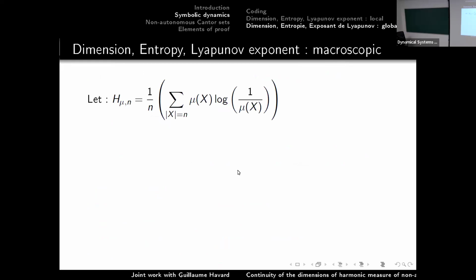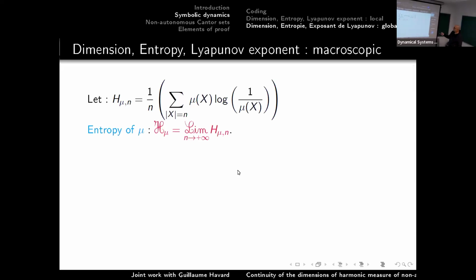Now starts the part that will interest us today. We can define, and we just did it, the n-th approximation of entropy, let's say: the average of these quantities, the average of log 1 over mu of the cylinder, over all the cylinders, with respect to the measure mu.